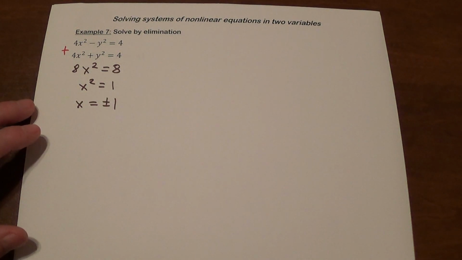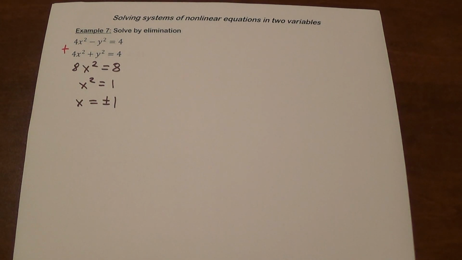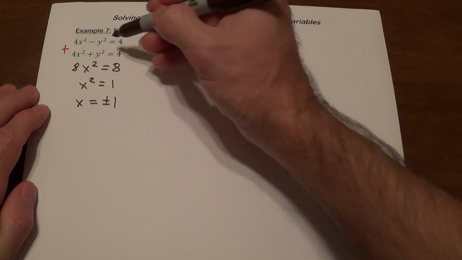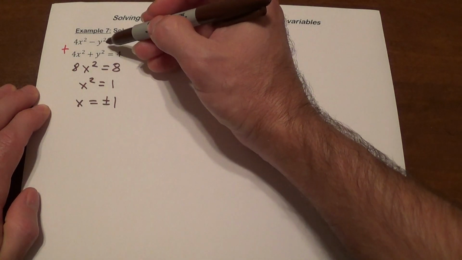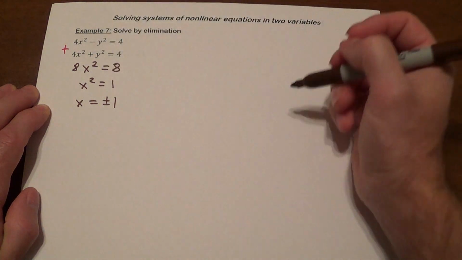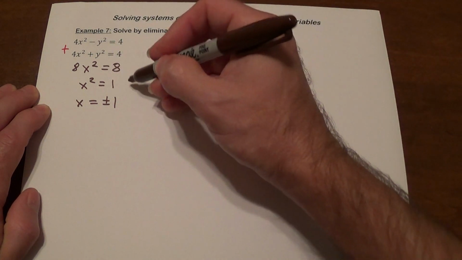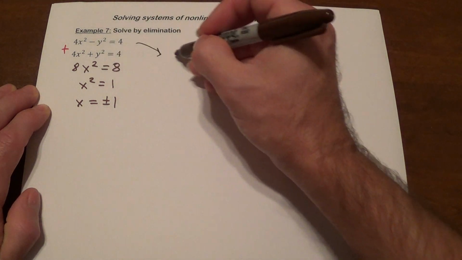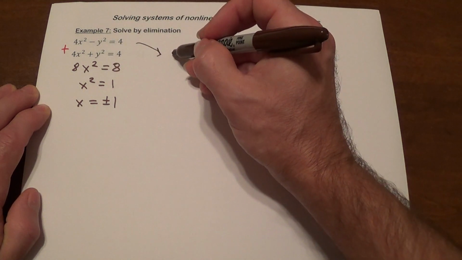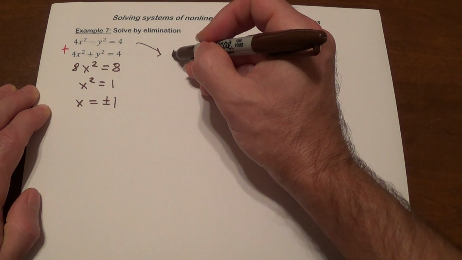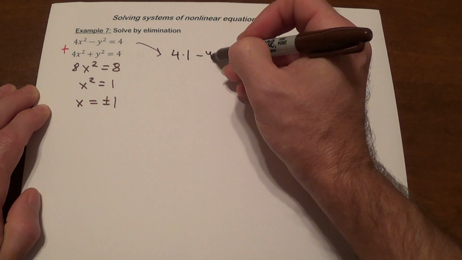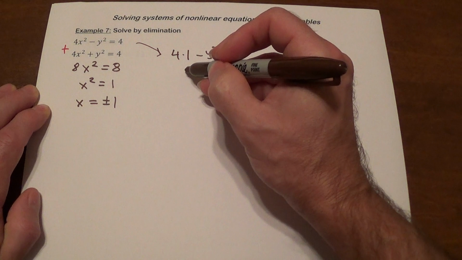So then for each one of those, I'm going to substitute that. But again, if I go back to the original equations, they both have x squared, so it makes sense for me to substitute x squared with 1. So if I go with the first equation, it doesn't matter, you could use the second one. It's going to be 4 times 1 minus y squared equals 4.